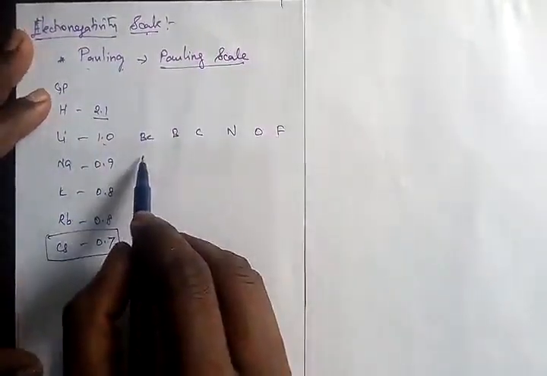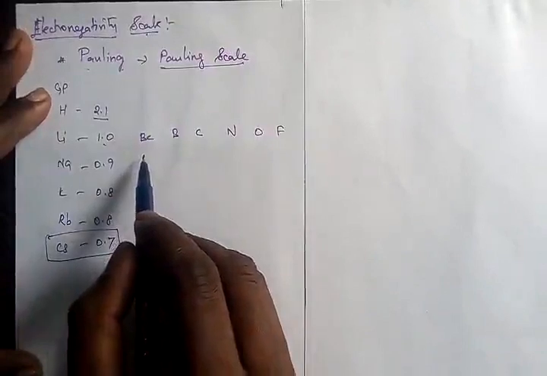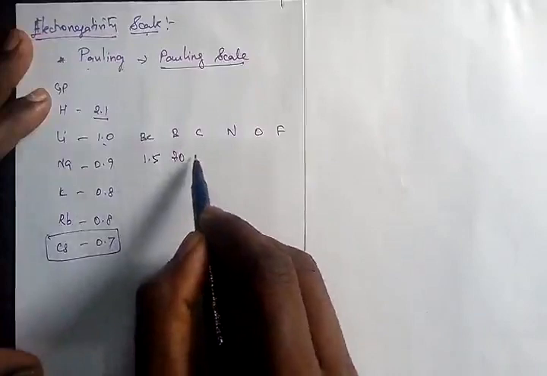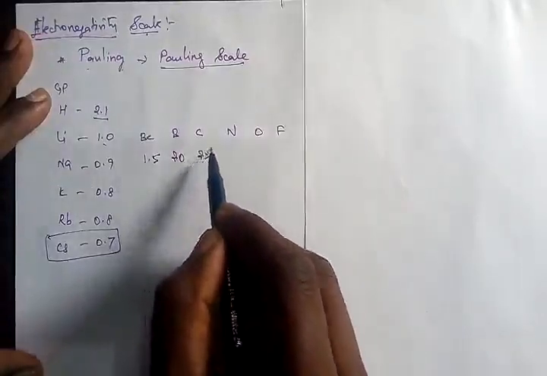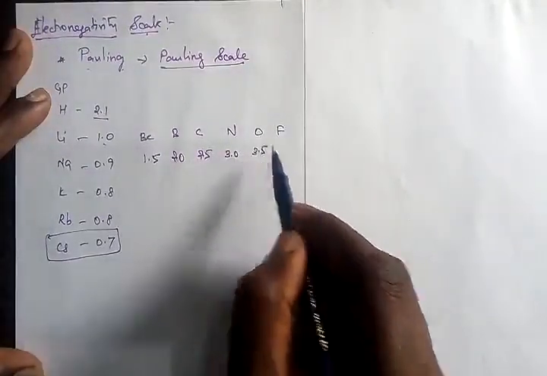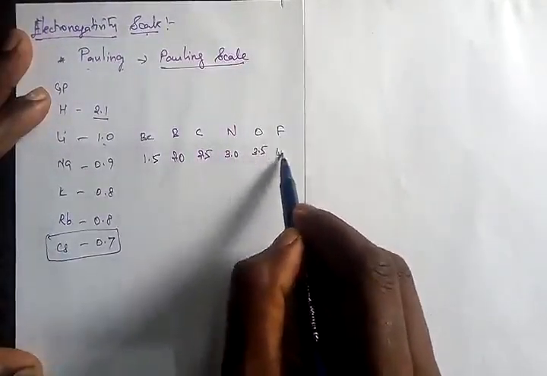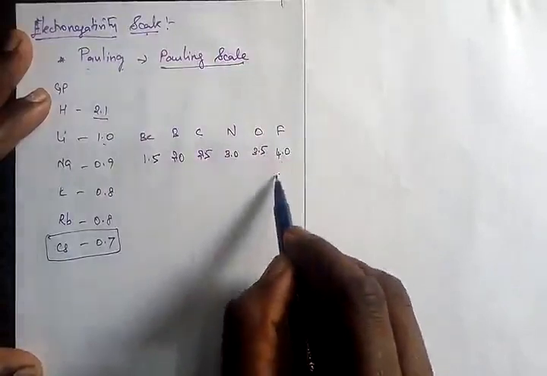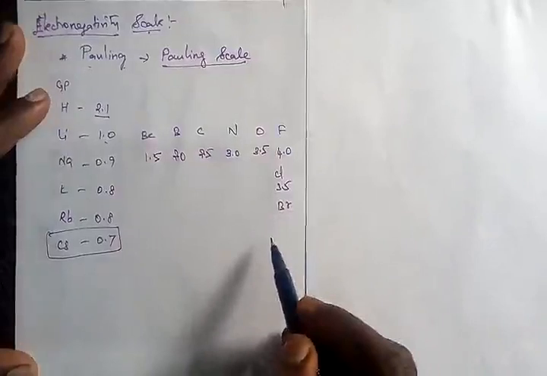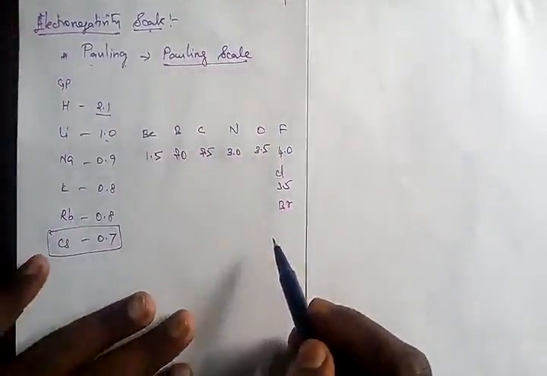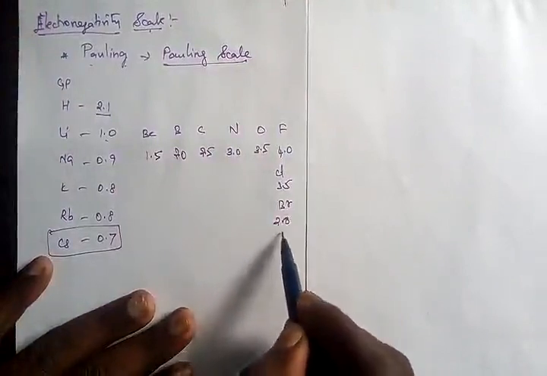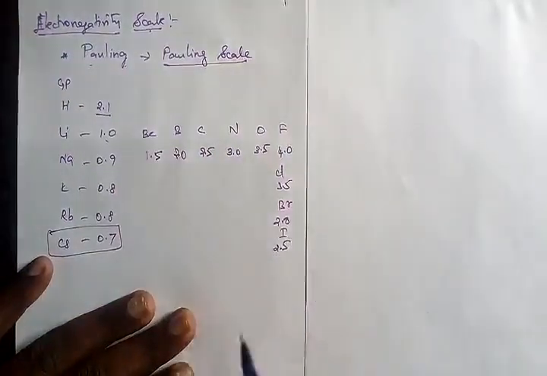Beryllium has 1.5, boron has 2.0, carbon has 2.5, nitrogen has 3.0, oxygen has 3.5, and fluorine has the top number 4, and chlorine again 3.5. It goes on like this: bromine 2.8, and then iodine is 2.5.